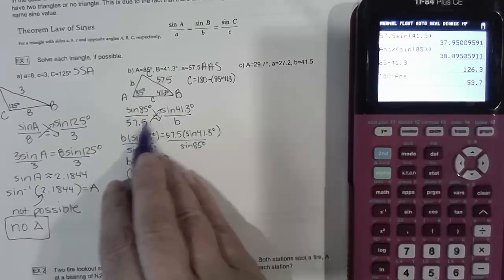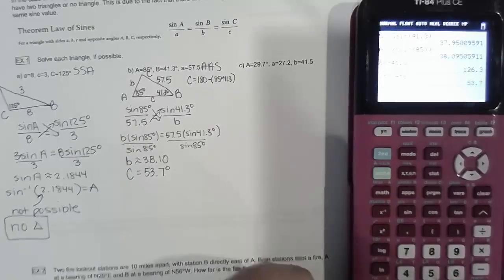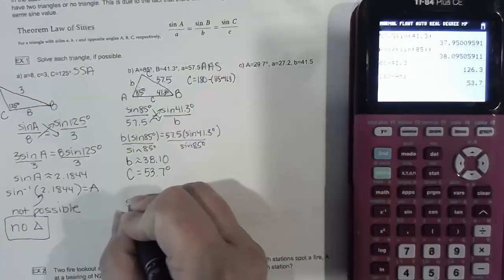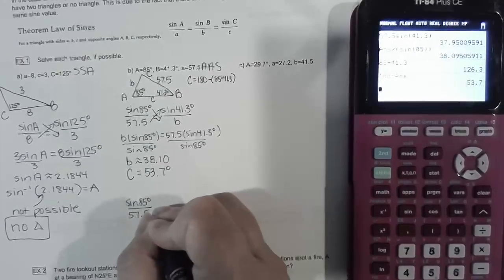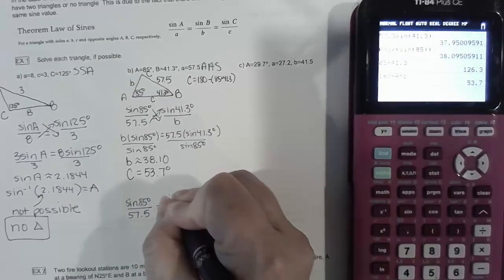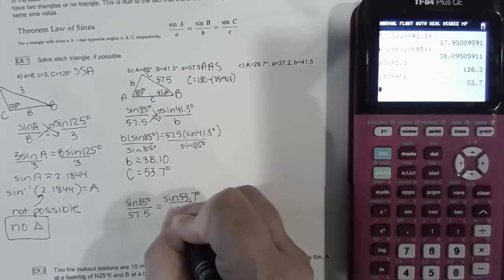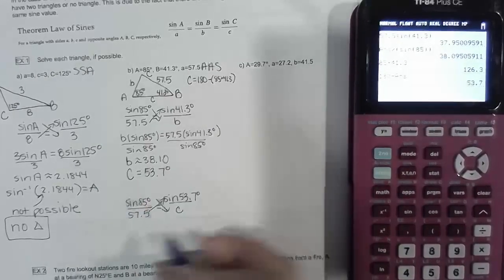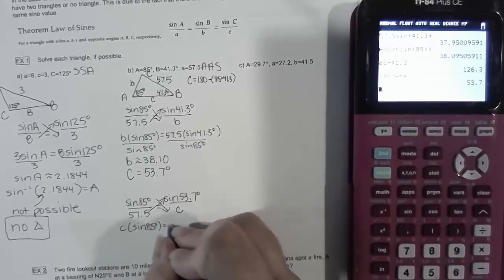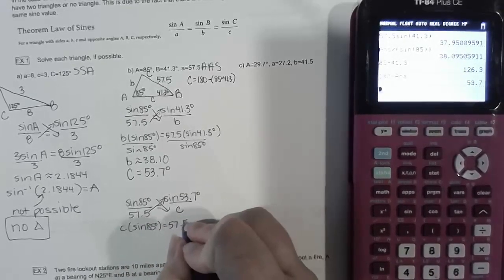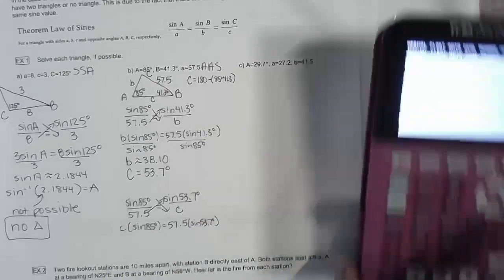So I'm going to set it up just like I did when I found B. I'm going to do sine of A over A equals sine of C over C. So sine of 85 degrees over 57.5 equals sine of 53.7 degrees over side C. Cross multiply here, and then pretty much solve the exact same way that I did when I solved for B. So all I'm doing is swapping out that angle.